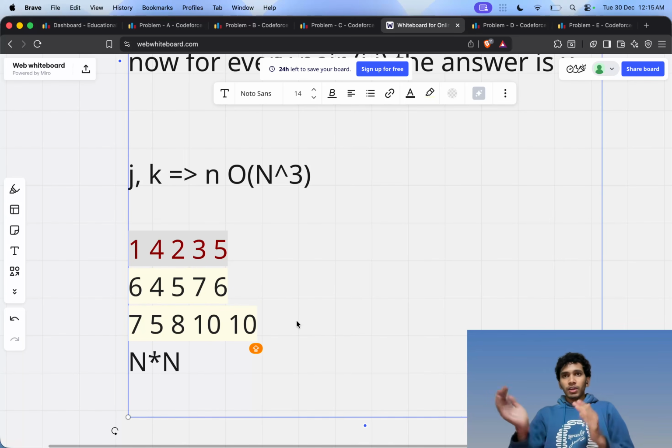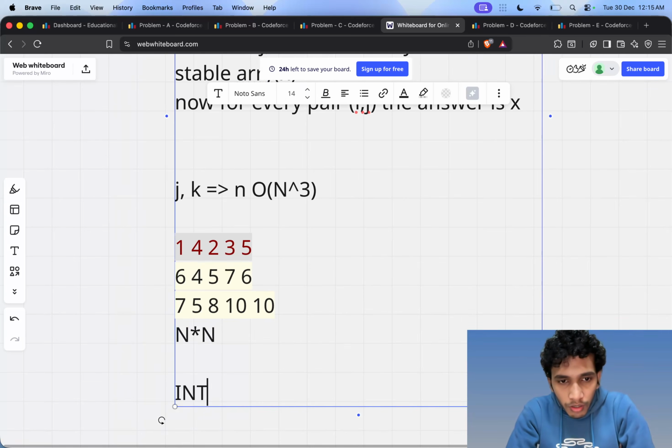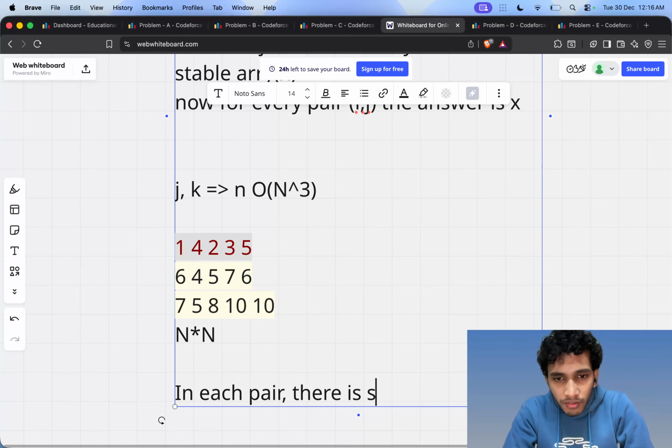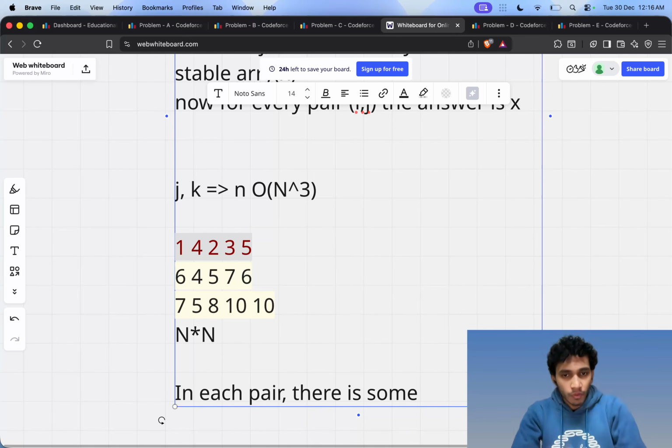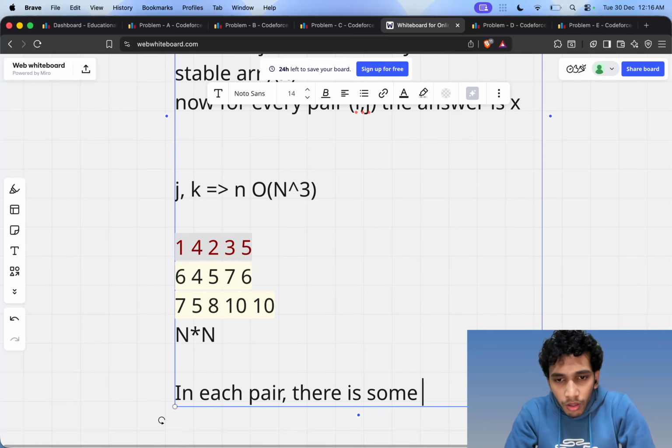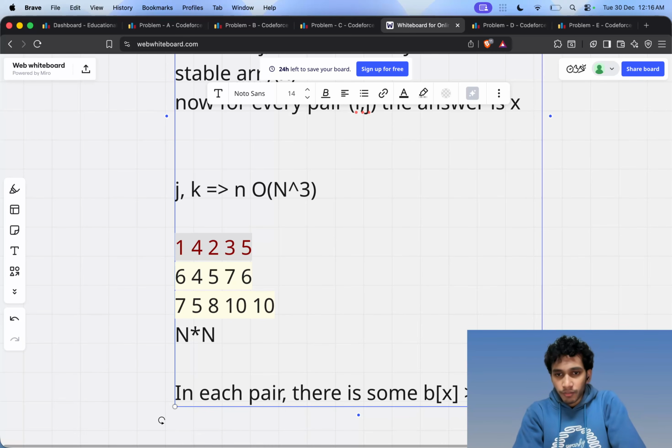But there are scenarios where some pairs are not stable. How to find them? In each such pair there is some bx greater than the corresponding cy.